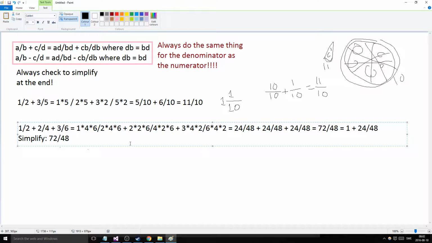I am so sorry. 72 through 2, 36. So you start by dividing by 2 if you're unsure, alright? 36 through 24, and then we divide by 2 again, which gives us 18 through 12, right?